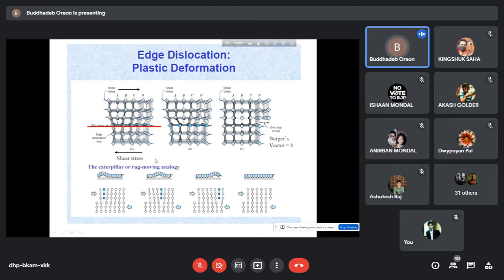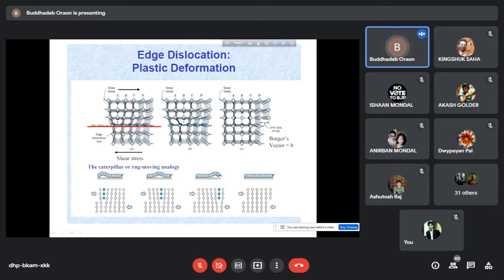Caterpillar moving analogy. So you see there are different diagrams of caterpillars, and just below that it has been shown how this extra half plane moves slowly from one end to another end, and finally you are getting a final permanent deformation.